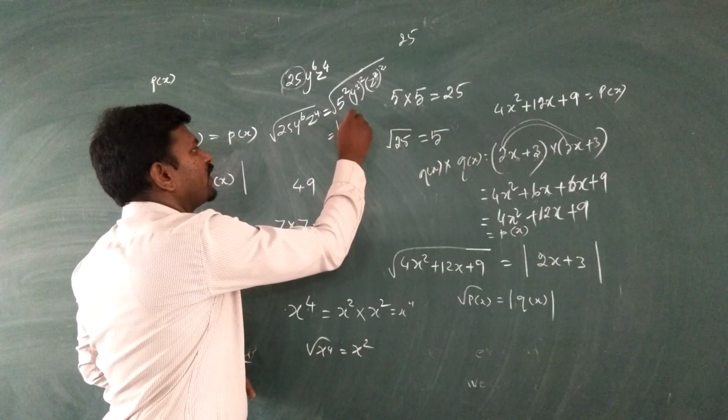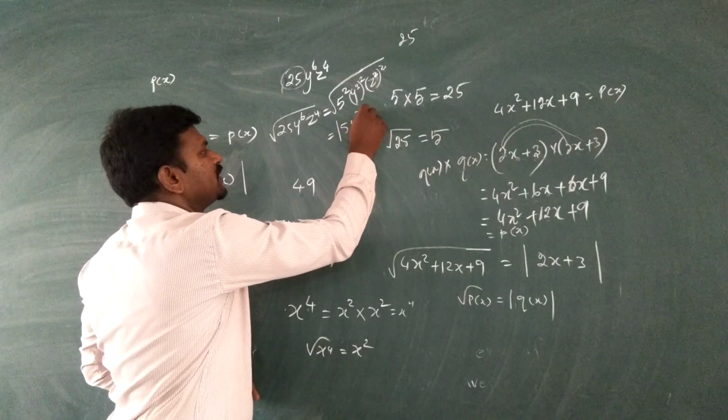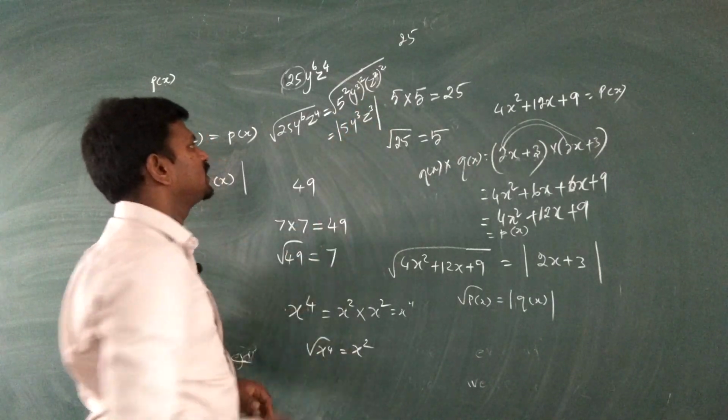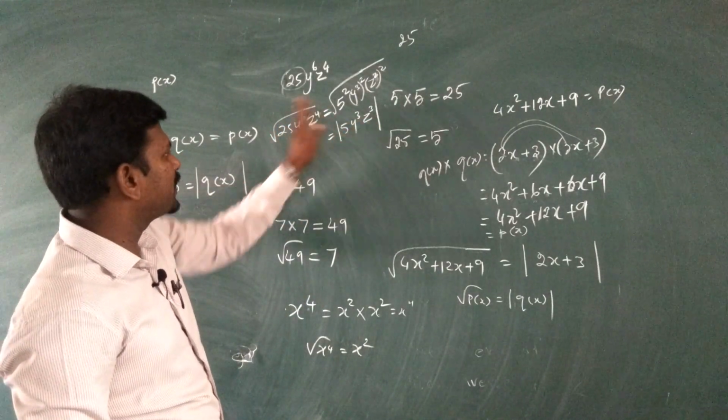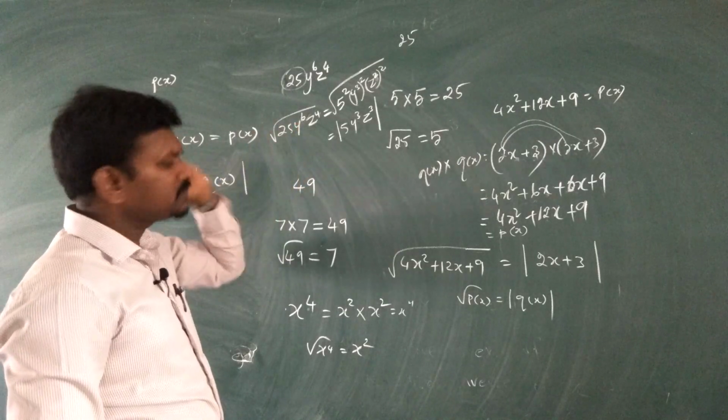Then 5 y cube z square is the square root of this polynomial.